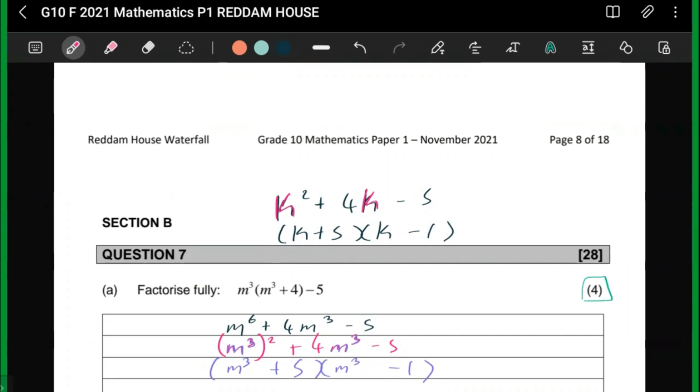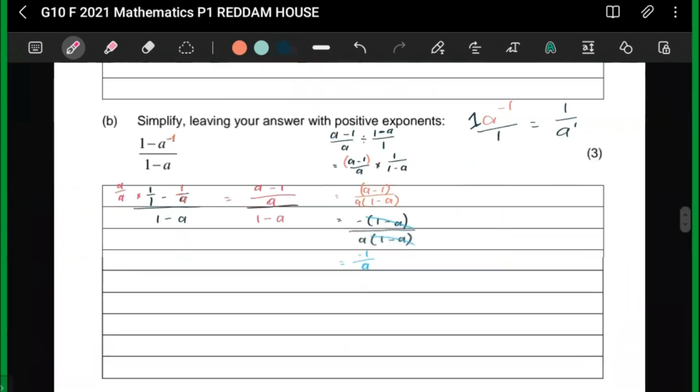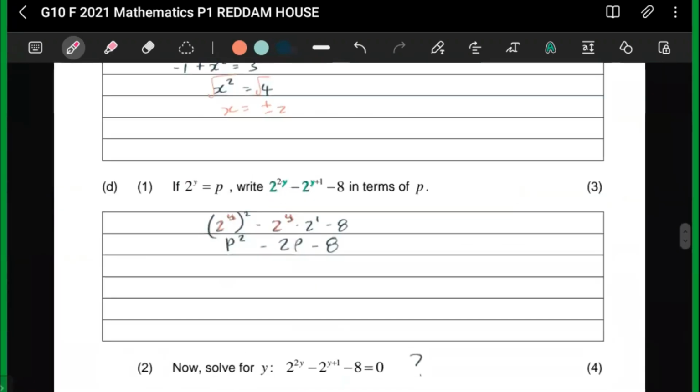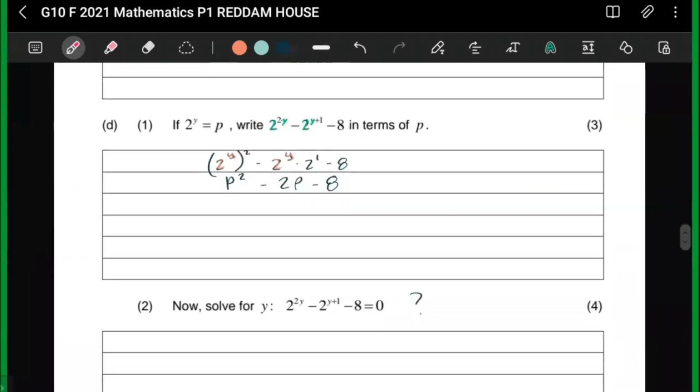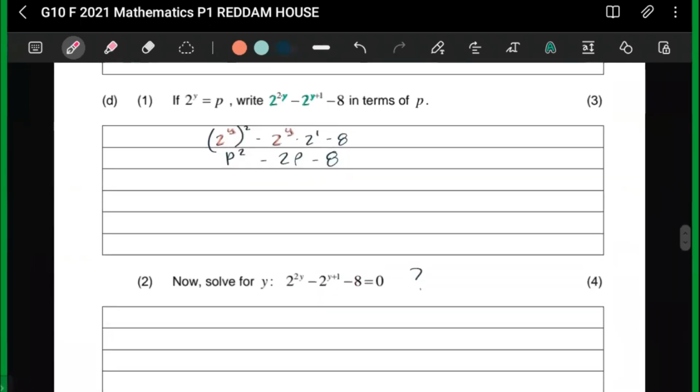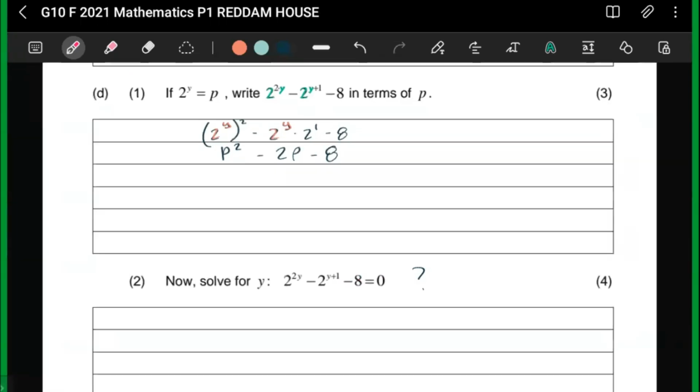So in our example, since we have written the 2 to the power of y as p, if you're going to solve this equation, all you already know is you're better off solving this equation first after making it equal to 0. And then, let me put it this way.